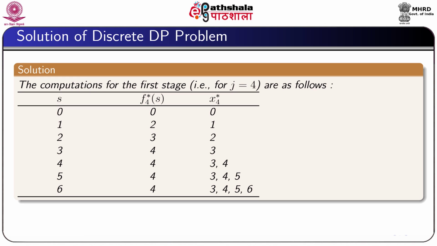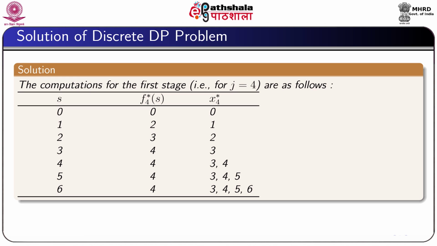See that when the available crates is 4, the maximum profit is 4. So, we can allocate in the fourth store 3 or 4.